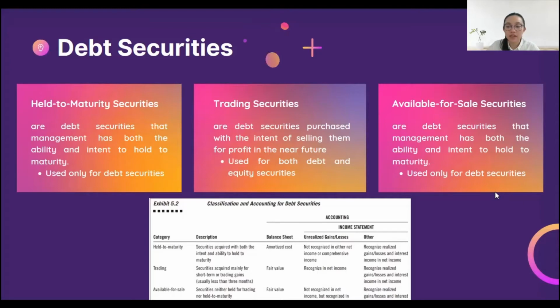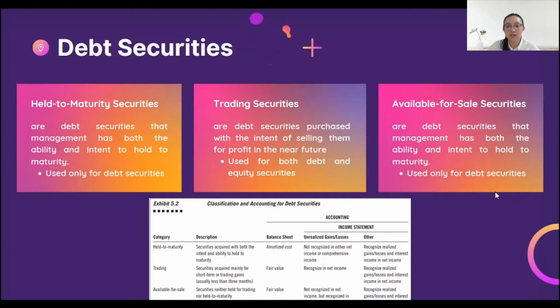Third, available for sale securities are debt securities that are not classified as either trading or held to maturity securities. These securities are included among current or non-current assets, depending on their maturity or management intent regarding their sale.